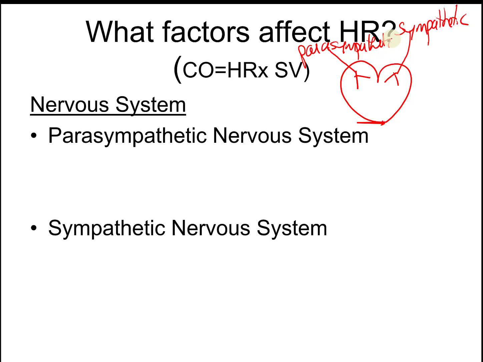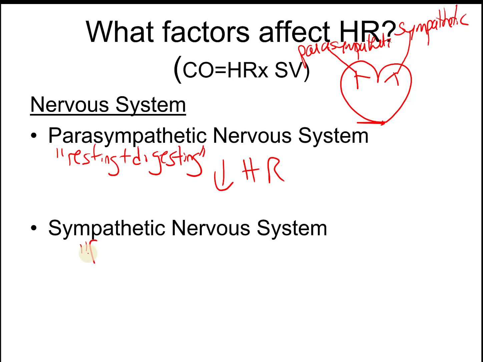So the parasympathetic, remember, this is the resting and digesting branch of the nervous system, and this is going to decrease your heart rate. The sympathetic, remember, the nickname for this is the fight or flight division, and this is going to increase your heart rate and ultimately cardiac output.